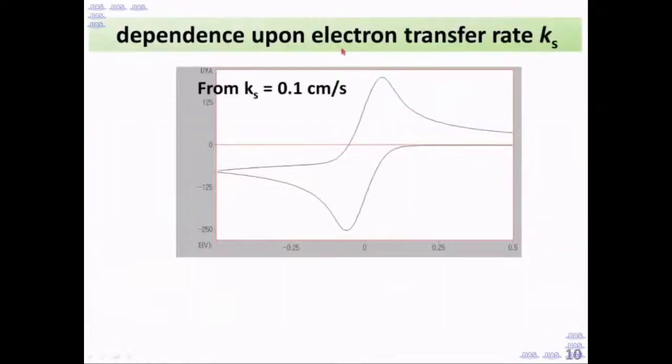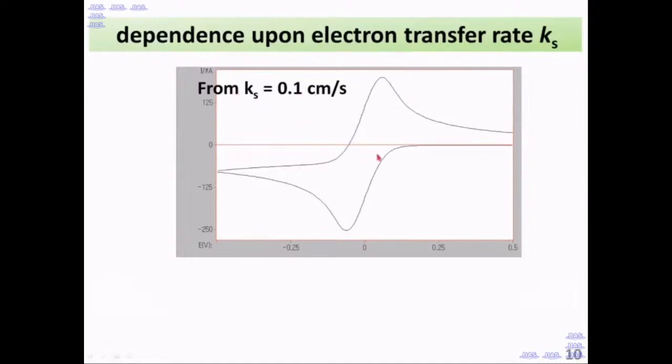Dependence upon electron transfer rate Ks: from Ks equal 0.1 centimeter per second, this is rather fast electron transfer. And for ferrocene, in the case of fluorescent, this value Ks is extremely large, very fast transfer.